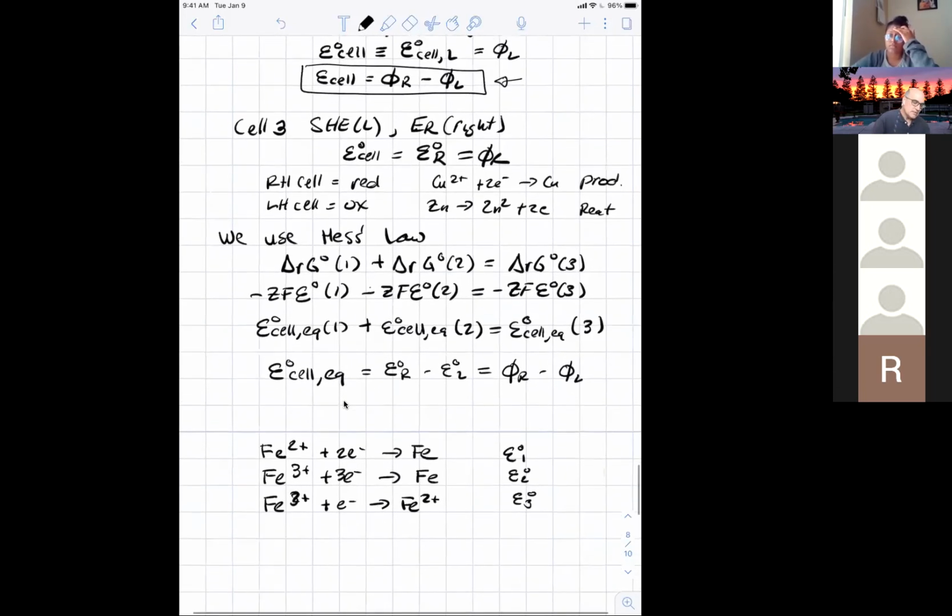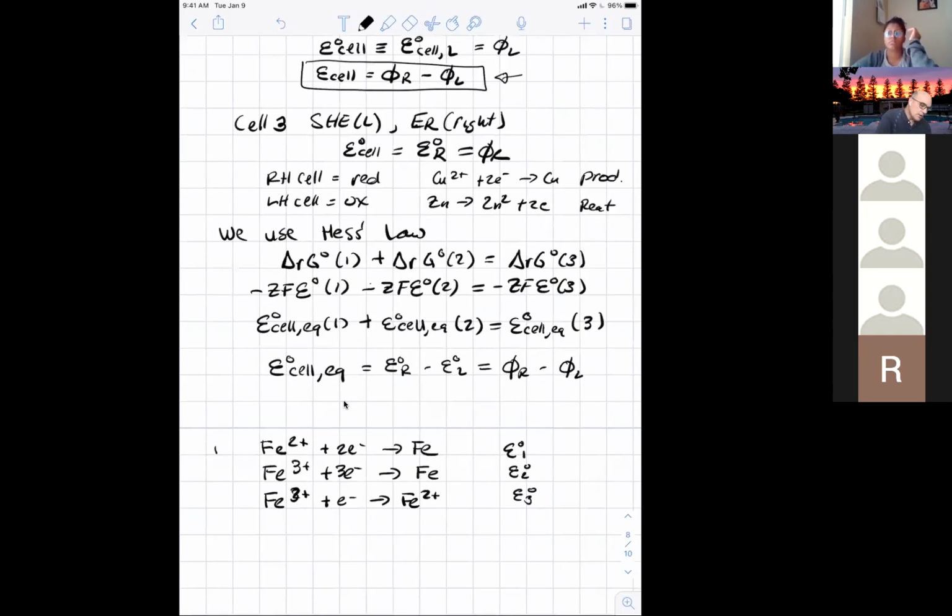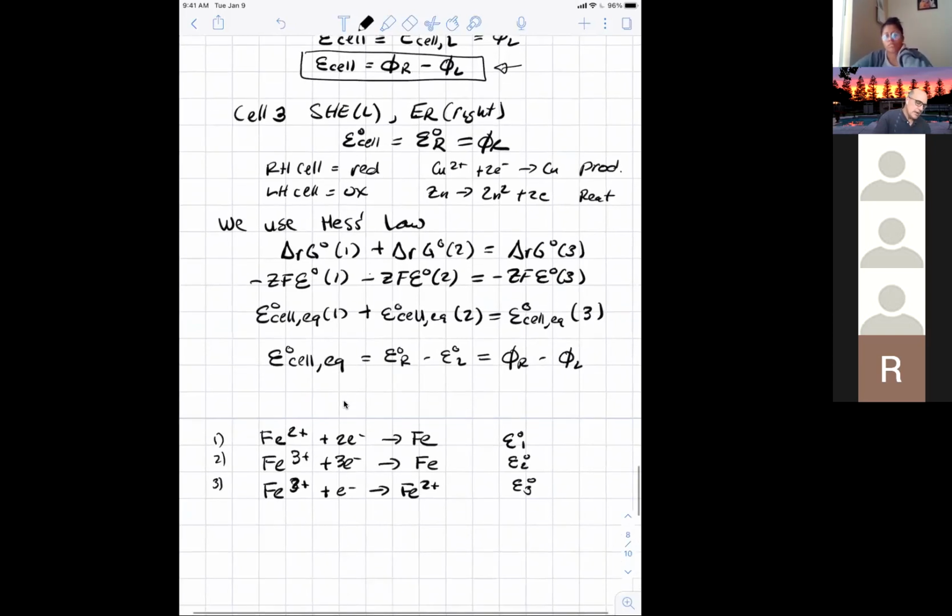So if you look at these 3 reactions, 1, 2, and 3, there's a Hess's law problem on the problem set that you turned in last week, right? If you look at the key, you'll see the way I'm writing this. In terms of delta H, if we wanted to find the delta H of these reactions, you can see that if I reverse the first reaction and add it to the second reaction, I get the third reaction.